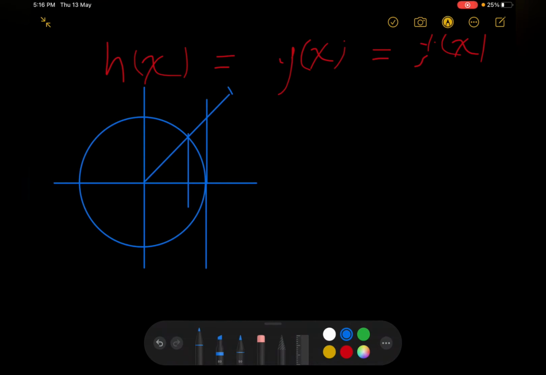That's our tangential line. This point is O, which is the origin. This point is D. This point is A. This point is B. And this point is C.